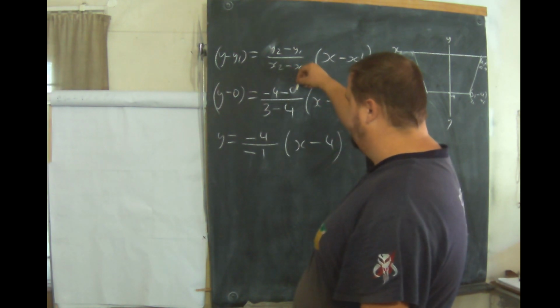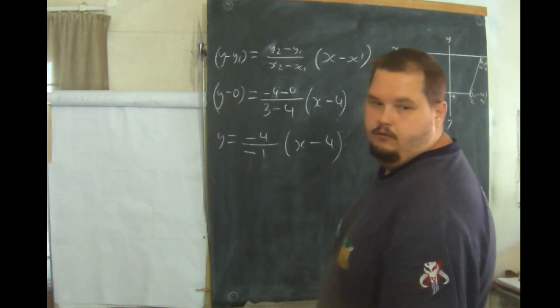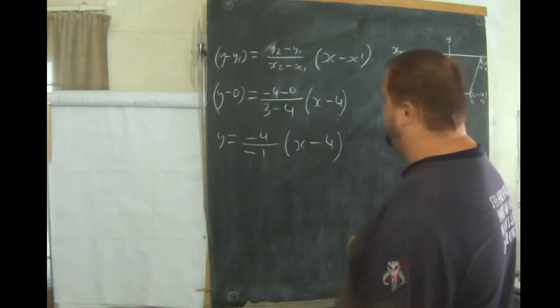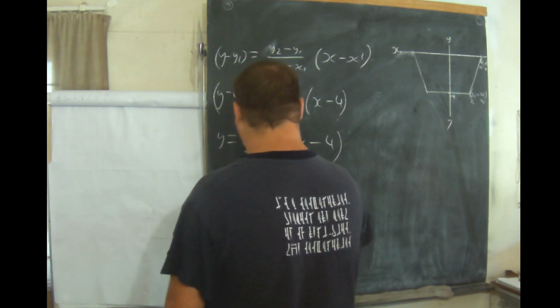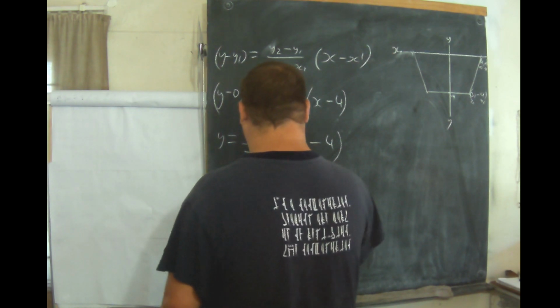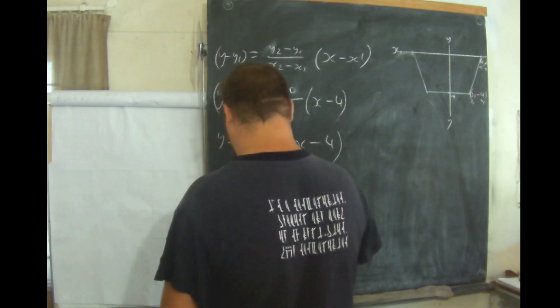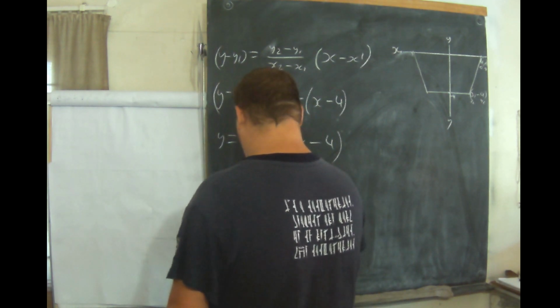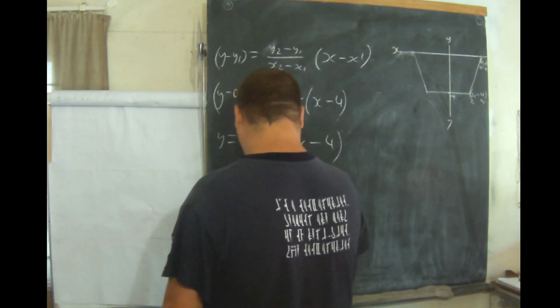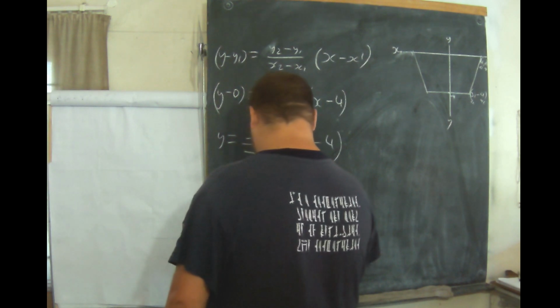Minus 4 minus 0 is still minus 4. So it's minus 4 over minus 1. So what we have here is 4 times x minus 4 is equal to y. Y is equal to 4x minus 16.